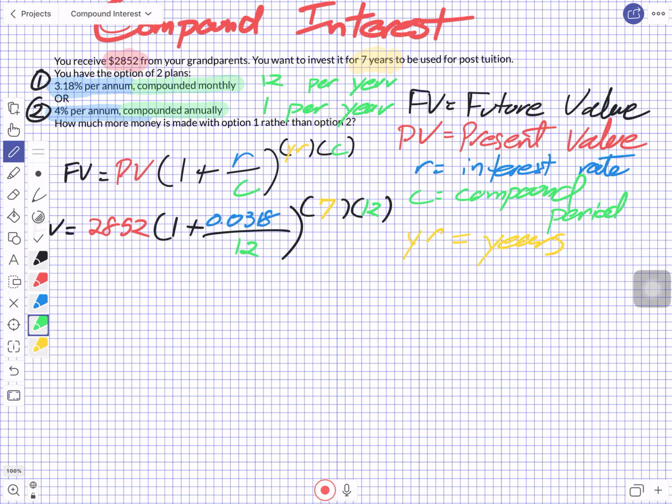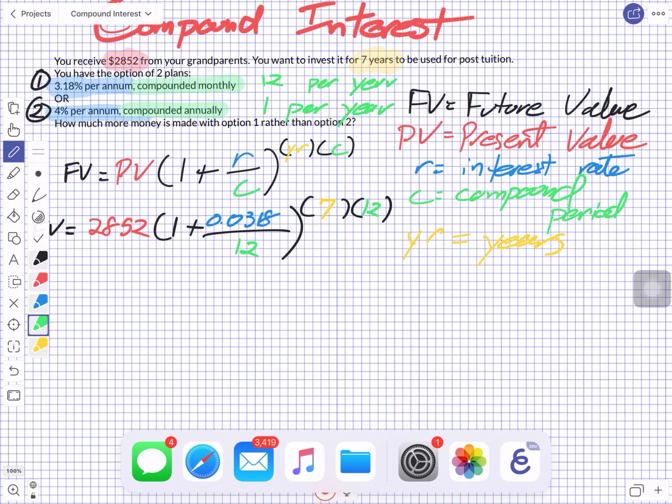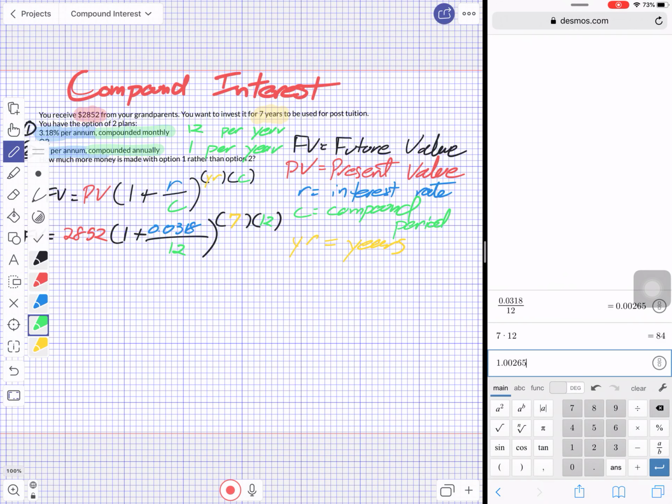Now, it's going to be helpful if we have a calculator with this. So I'm going to bring in a calculator. There we go. I've already done a couple of the calculations. So FV is equal to 2,852 times, 0.0318 divided by 12.